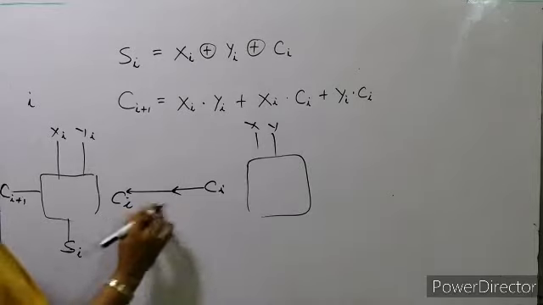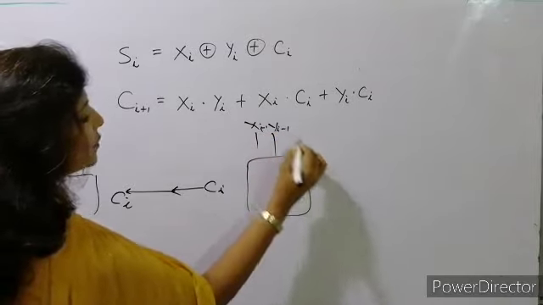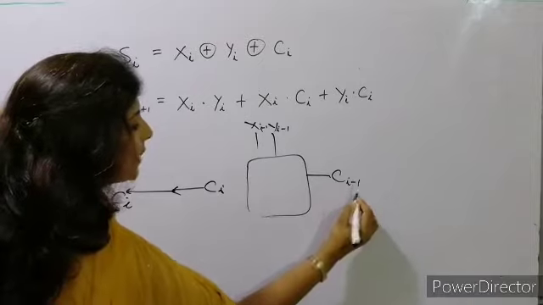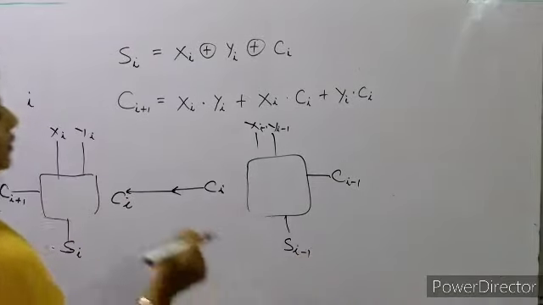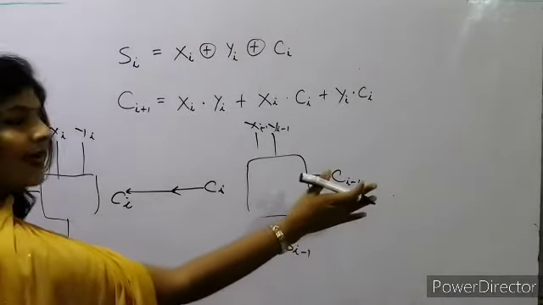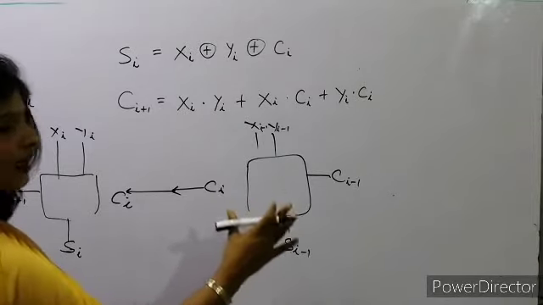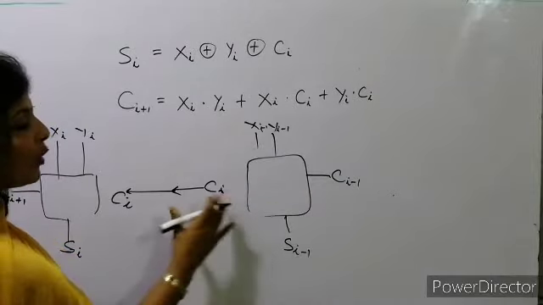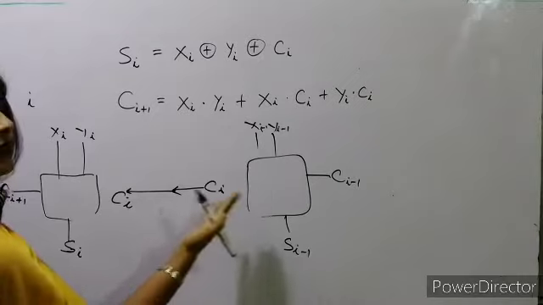Okay, similarly at this level what will it be, it will be i minus 1, right, this is i minus 1. So the C in that is coming here will be i minus 1, S will be i. Okay, sorry, i minus 1. Okay, so at this level C i minus 1 is coming from the i minus 1th level. Okay, so this is x i minus 1, all are i minus 1, and the next output will be Ci.